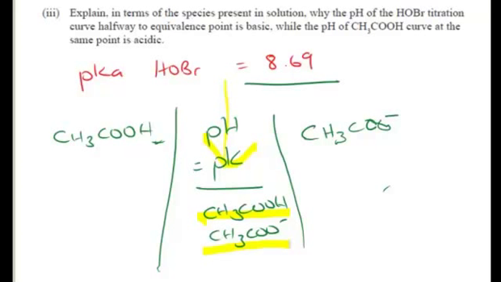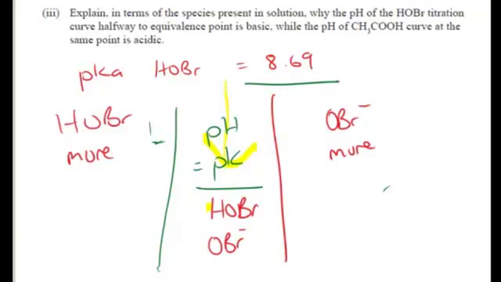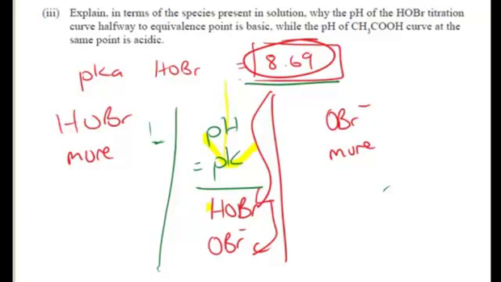And if we then look at the other case, in the HOBr case, when pH equals 8.69, we have equal amounts of both of these. The fact is, though, we have effectively a basic pH.